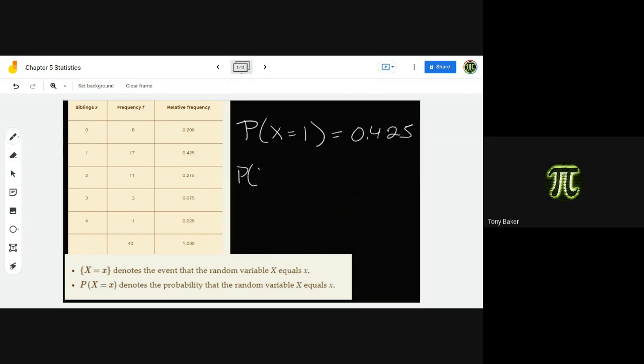And the probability that X equals 3 is 0.075. So it's the probability that the number of siblings, the big X value, equals 3. Does that make sense?